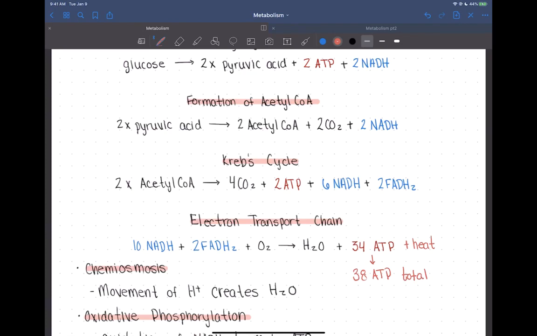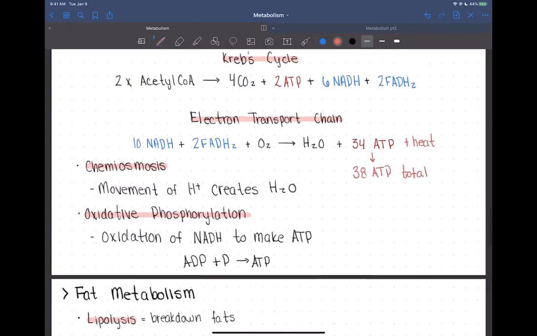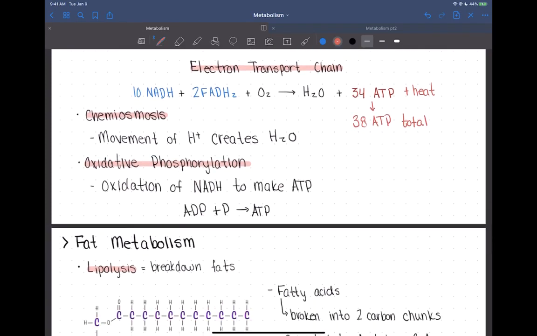Okay? All right. So 2 terms that I want to add in now that we've gone through all the processes are, one, chemiosmosis. So this is just the movement of hydrogen that ends up creating water.